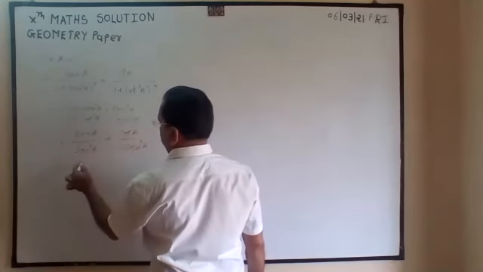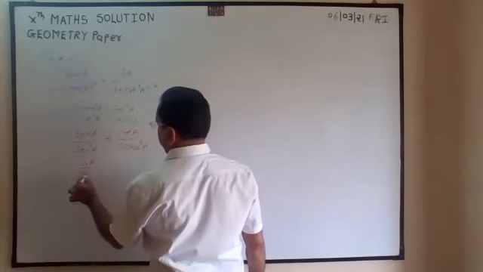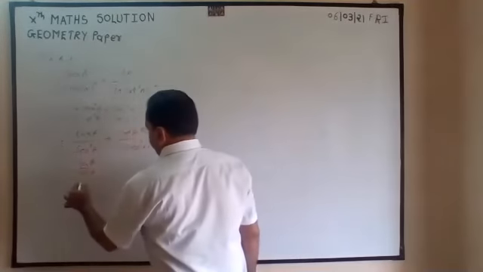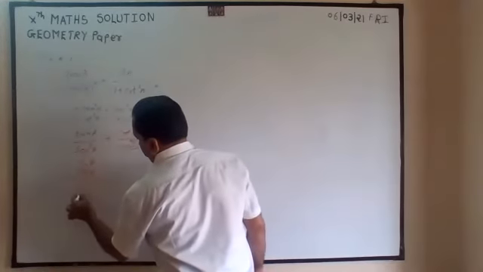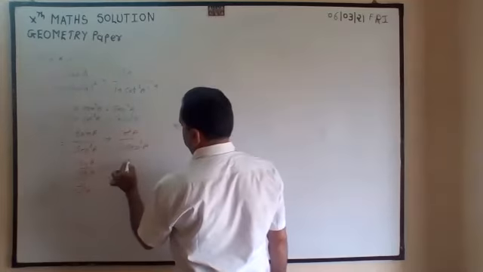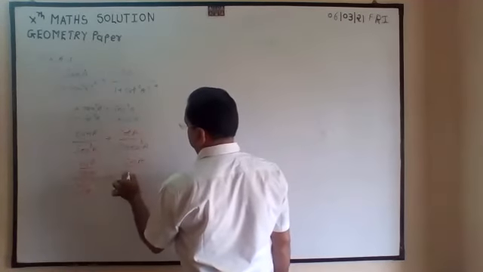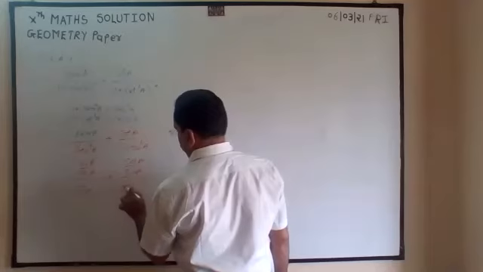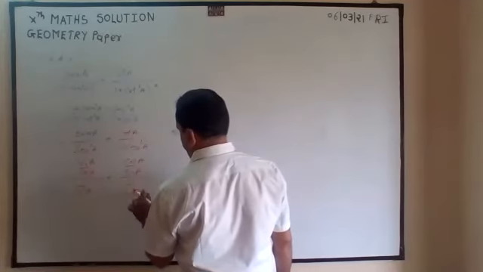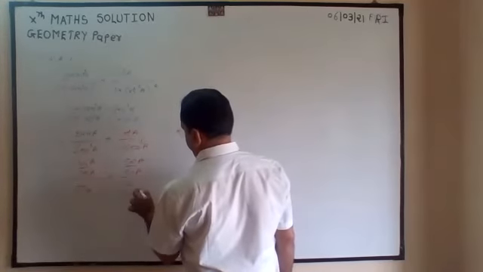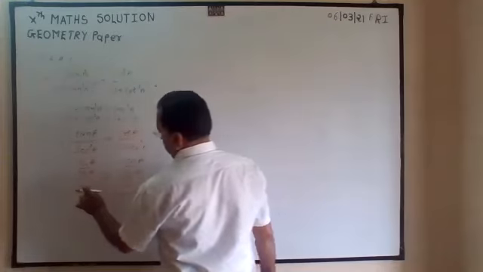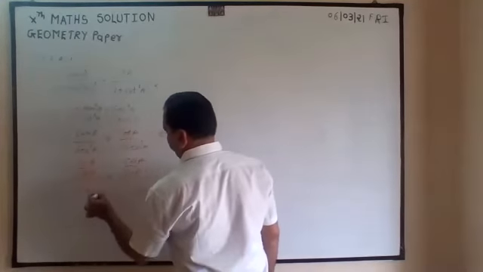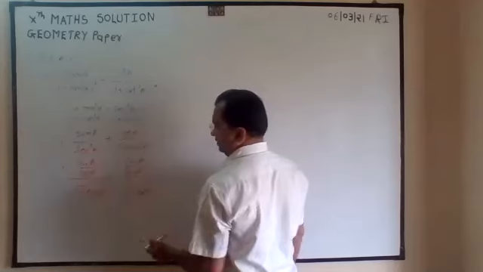Tan is equal to what? Sin a by cos a. Sec square is equal to 1 by cos square. Cos a sin a divided by 1 by sin a, 2 times. Now one time the denominator cancels.